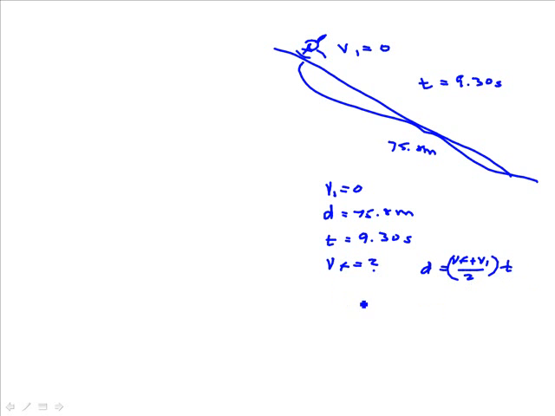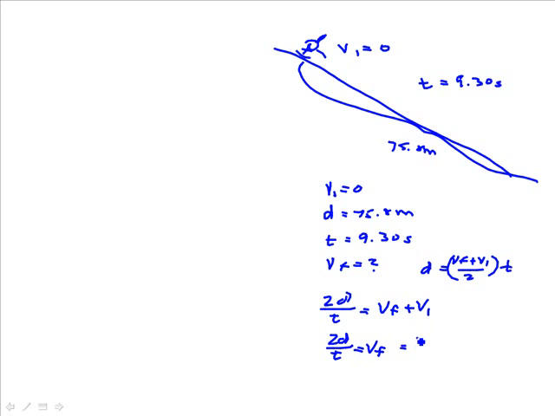We have to solve for VF, so 2D over T equals VF plus VI. I multiplied both sides by 2 and divided both sides by T, which left me with VF plus VI. Then I subtract VI from both sides. Since VI is 0, 2D over T equals VF.